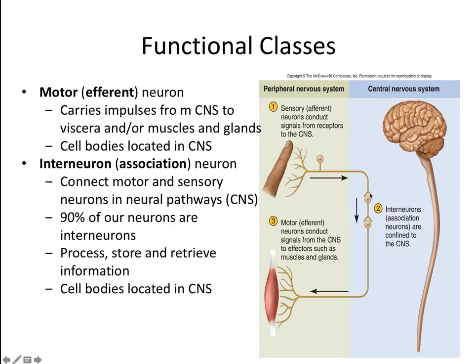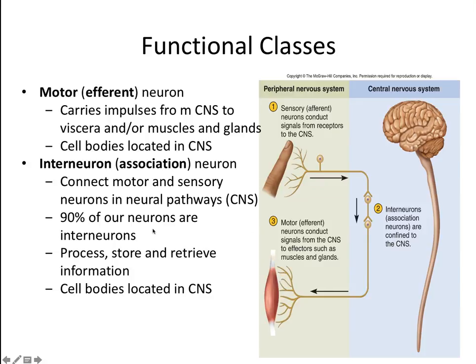They can be very short. They can also be a little bit longer, but they are confined to the central nervous system. So these are the neurons that allow your nerves to talk to each other, and they perform that integration function. So populations of these have little conversations, and the outcome of that conversation is effector activation or not.